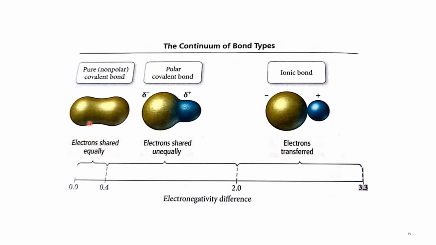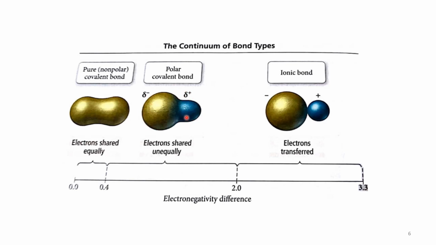Yang ni kita lihat kalau electron shared equally, kita tengok kepada gambar ni. So it's a non-polar covalent bond. Manakala kalau still sharing, tapi the sharing is unequal, it will form a polar covalent bond.